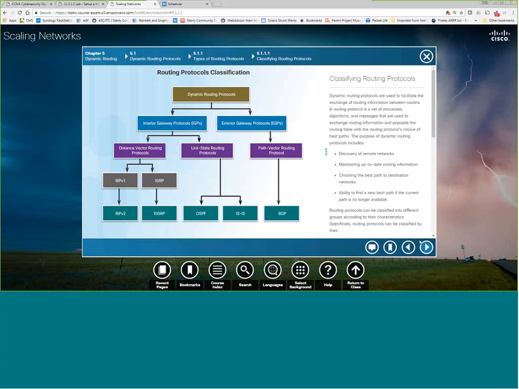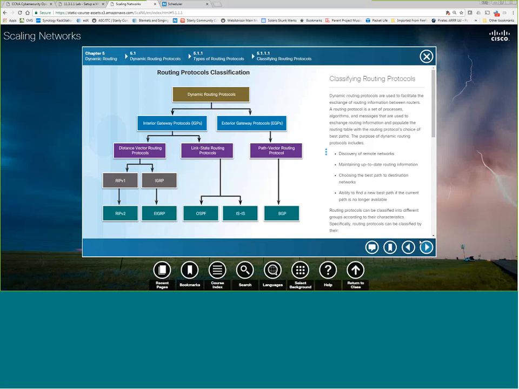And we're going to look at this chart, which is a very important chart when we talk about routing protocol classification. We talked in depth, even in this course, about static versus dynamic routing. We talked about how static routing has its place. There's no doubt that static routes, if you only have one exit interface, or if you've only got a very small network with a very limited number of networks that you need to route to, that you can get away with static routes.